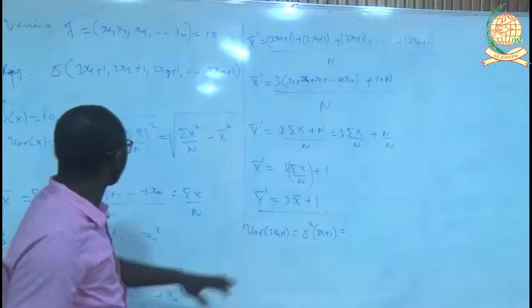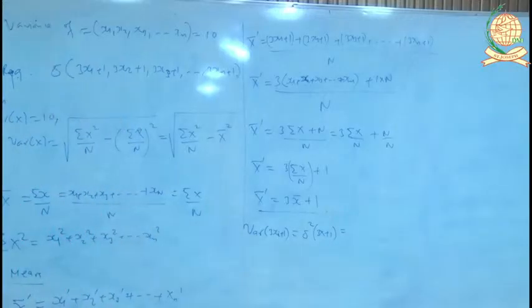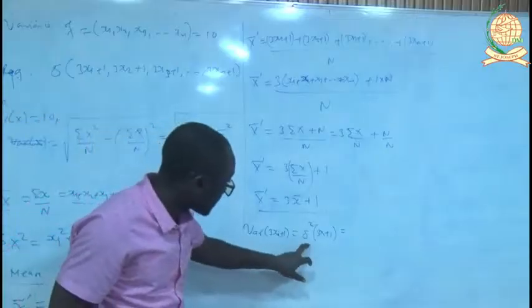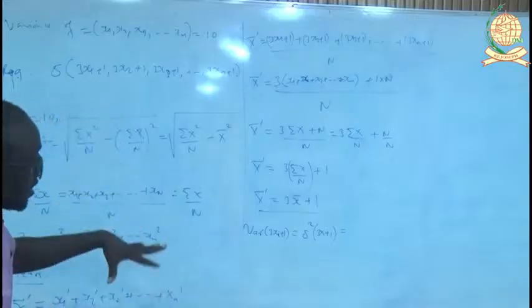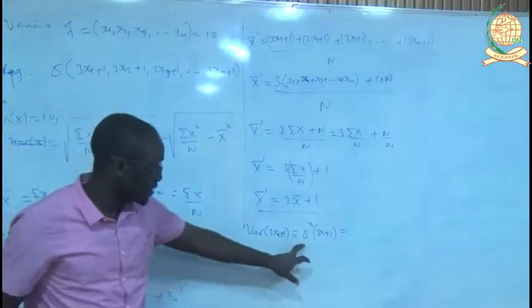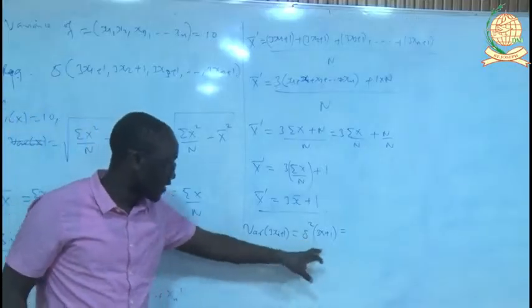I've written the formula of variance. Sorry, the formula of variance doesn't have this square root. This is the standard deviation directly. Standard deviation, not variance. So this is the variance. The square root of variance is what we call the standard deviation. So you can just square it to find the variance.